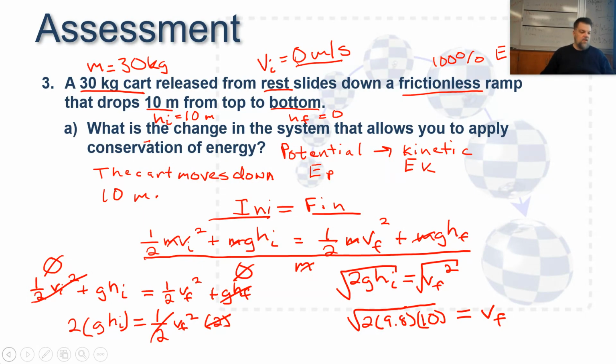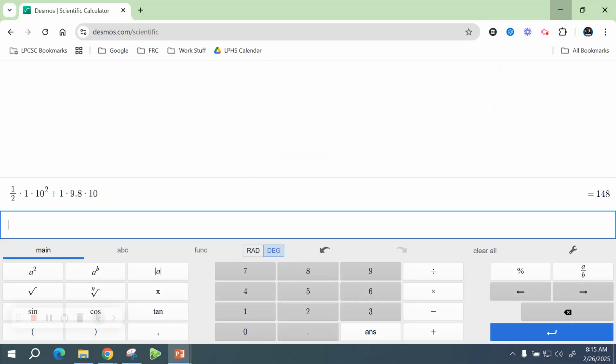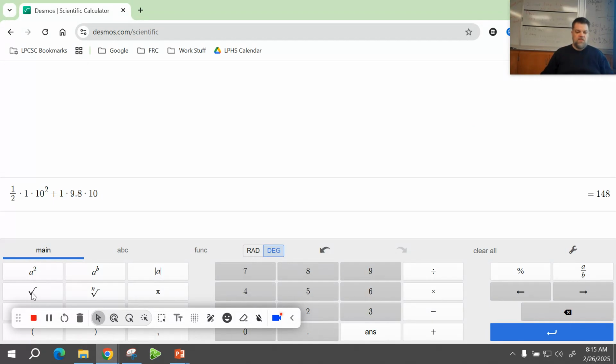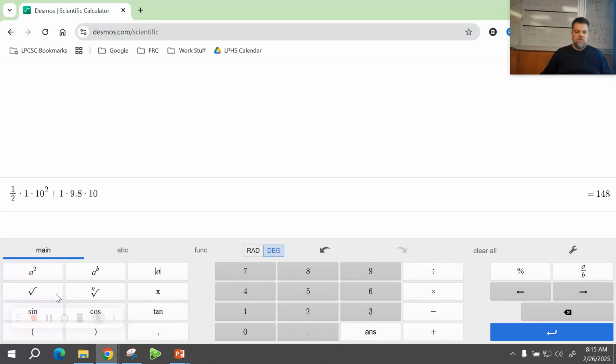So let's do that on the calculator, shall we? Don't worry, I'll pull it back up if you guys need to write it down. Just give me a second here.